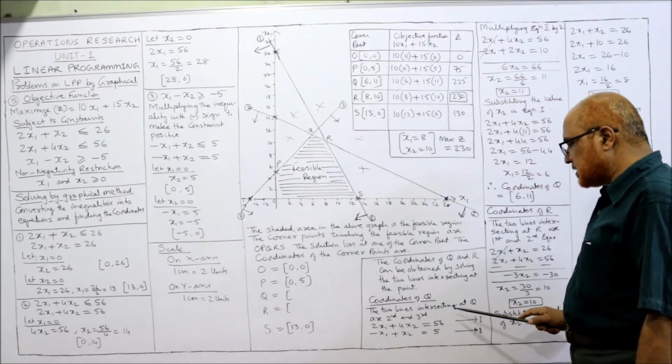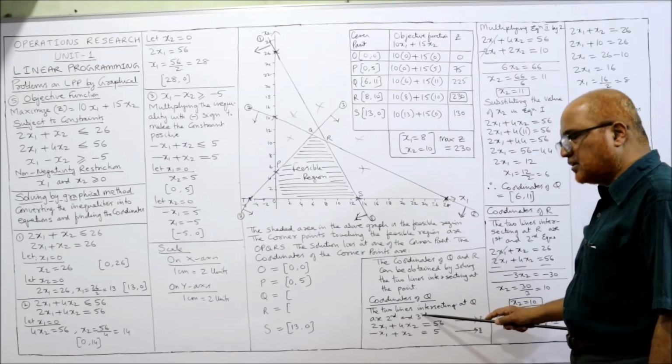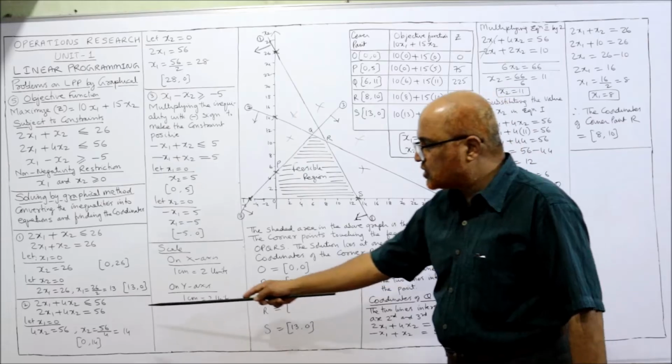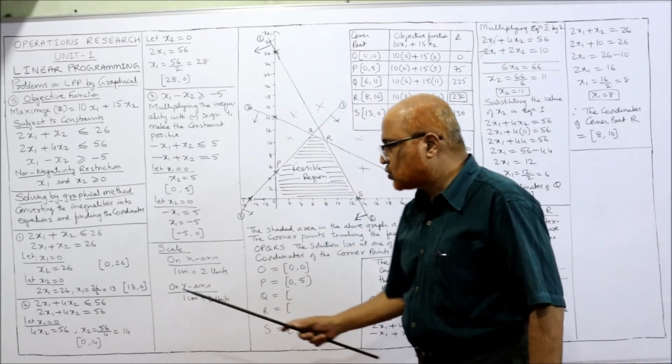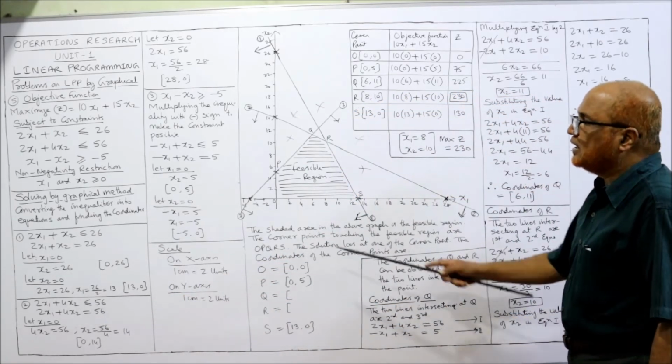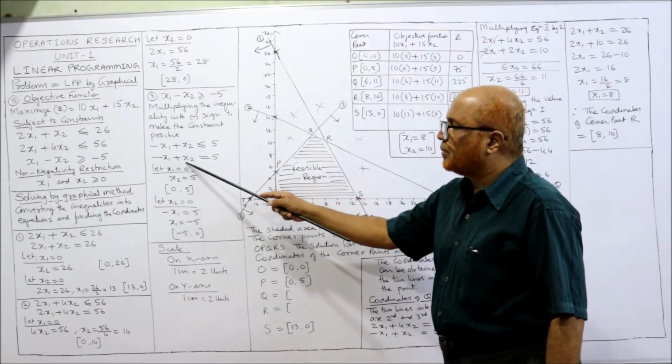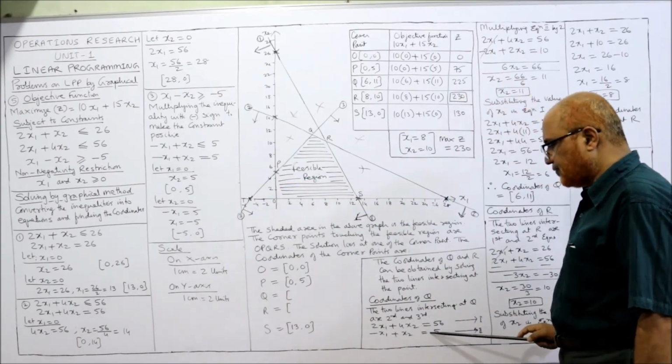So the 2 lines intersecting at Q are the second equation and the third equation. What is the second equation? 2x1 plus 4x2 is equal to 56. Third equation, minus x1 plus x2 is equal to 5.